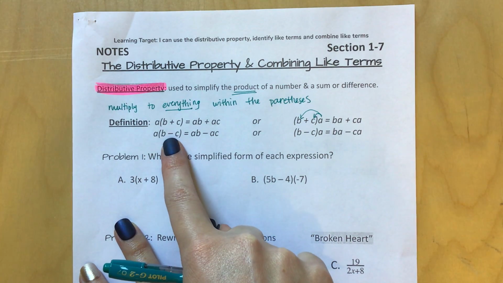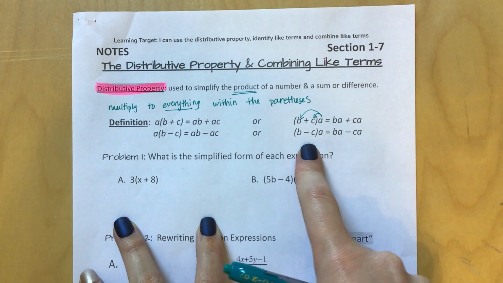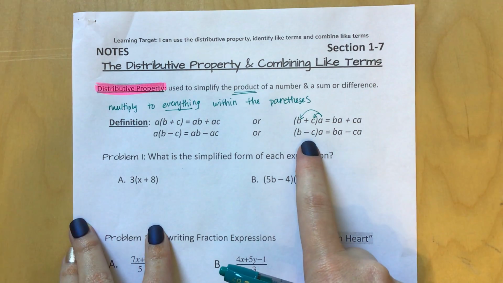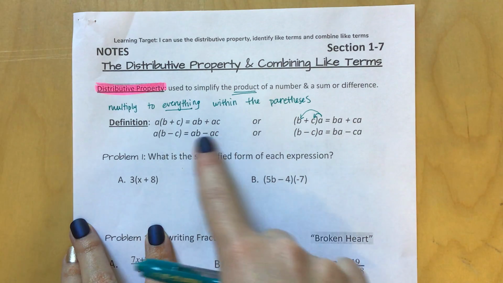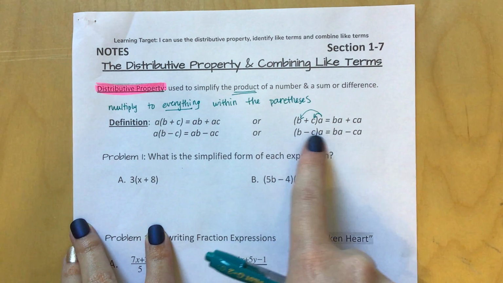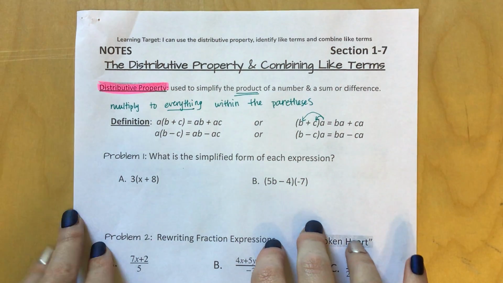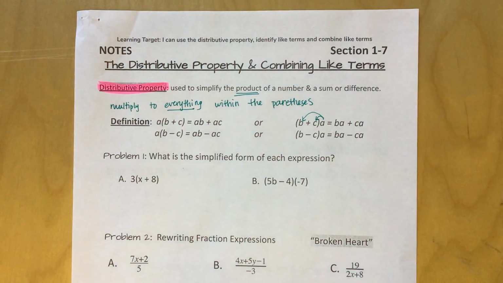It also works the same way if you have subtraction on the inside of your parentheses, and it doesn't matter how many things are inside of this set of parentheses. Whatever is inside of it, you give that A or that number to everything. That's important, everything. So let's go ahead and look at a couple of examples with this distributive property being used.